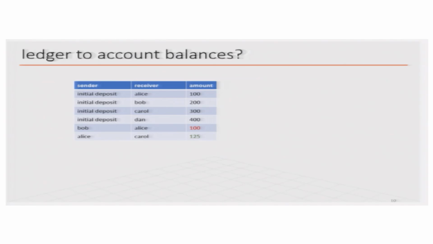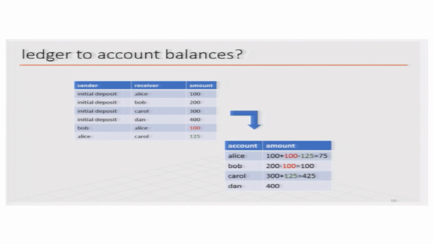And then I can construct the account balances by going through the transactions. Earlier we started with an account balance table, but what we are showing here is that if you keep track of all the transactions, that is enough, because at any point in time you can reconstruct that table of account balances.